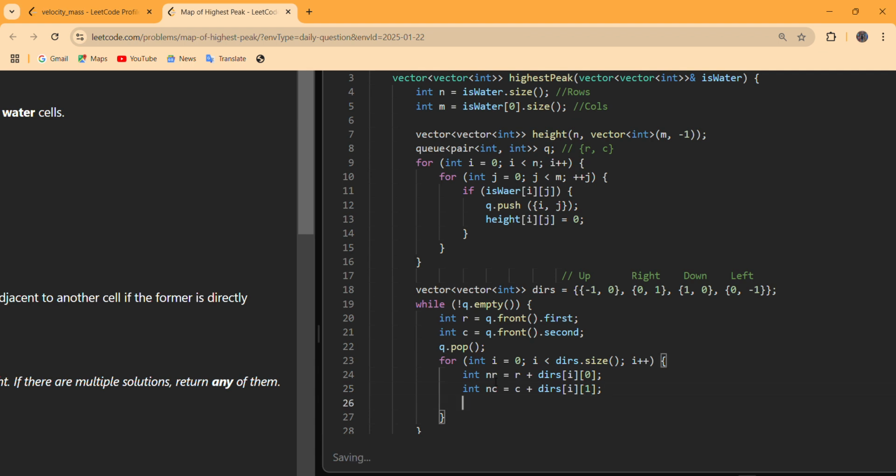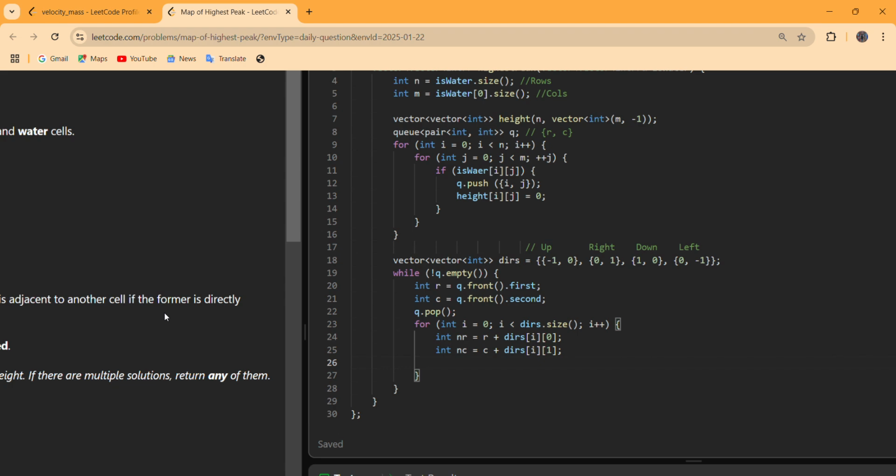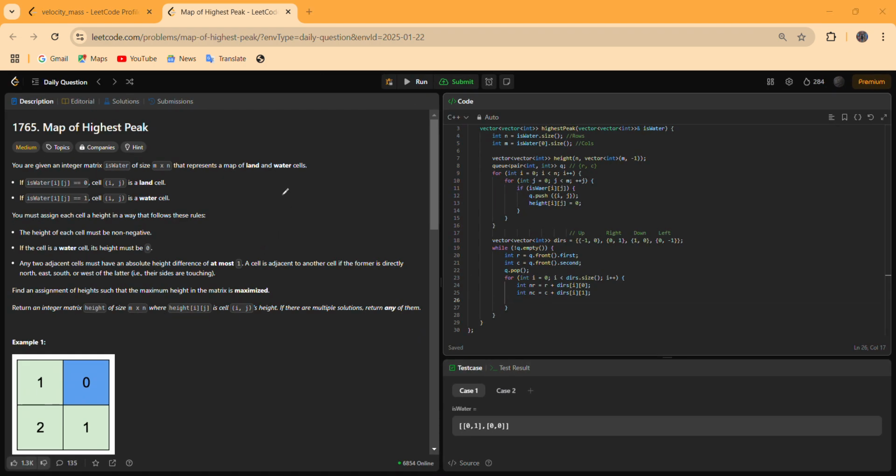Now these coordinates nr comma nc should be valid, like in the range of this matrix. Moving up is not allowed because it is out of the range of the matrix. It can move only like this and like this.